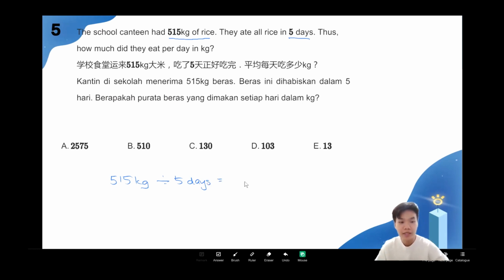We can use 515 divided by 5. Therefore, they ate 103 kilograms per day. Okay, the answer is D.